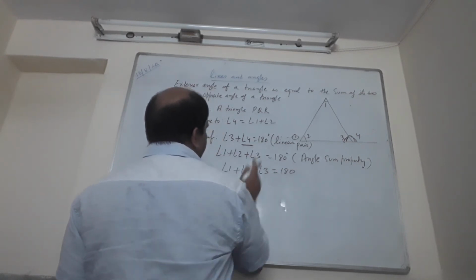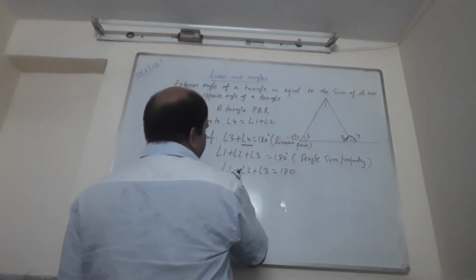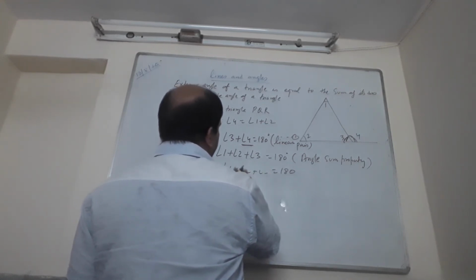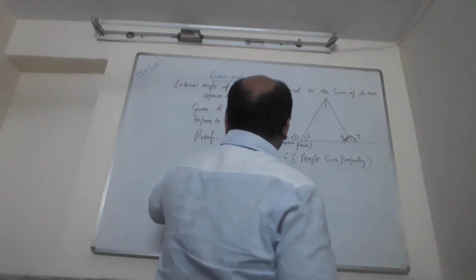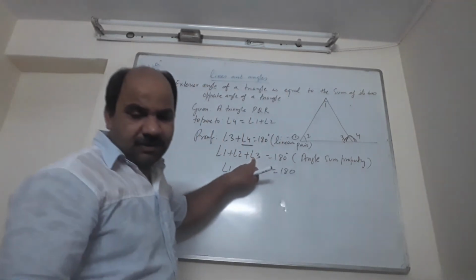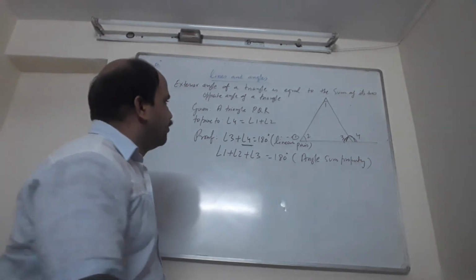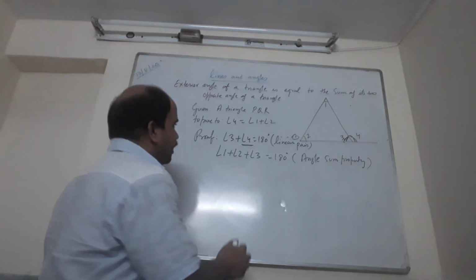So we can write in place of angle 4, that is angle 1 plus angle 2 equal to angle 4. So you can write here angle 4 equal to angle 1 plus angle 2.